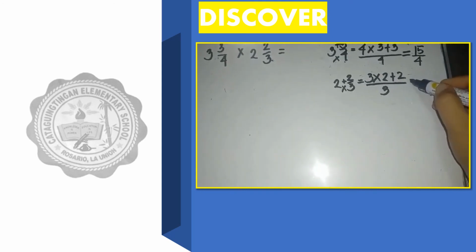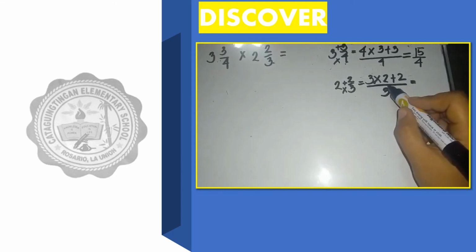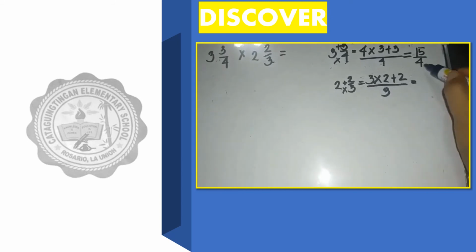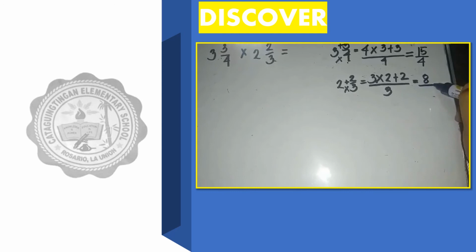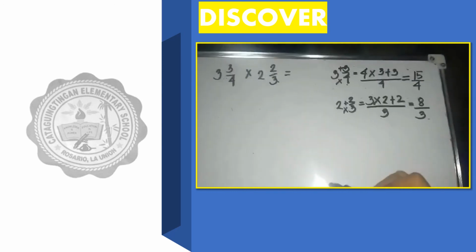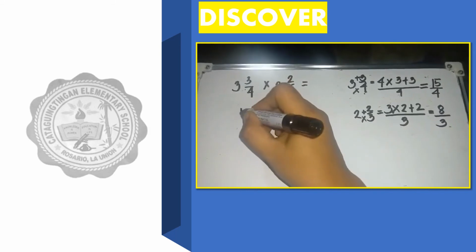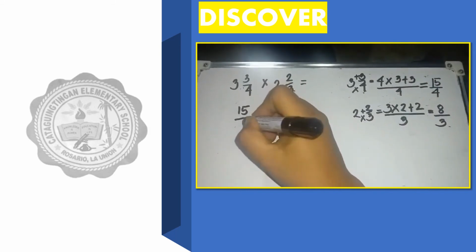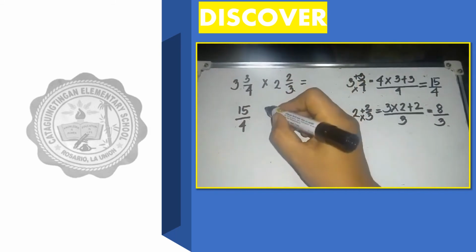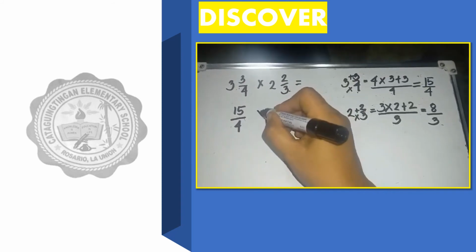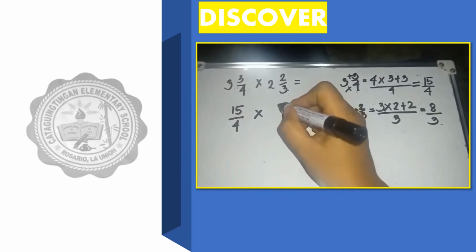Let us proceed. 3 times 2 is 6, plus 2 is 8. So, 8/3. So, meron na siyang improper fraction. So, yung 3 and 3/4 is 15/4. Then, times 2 and 2/3 is 8/3.